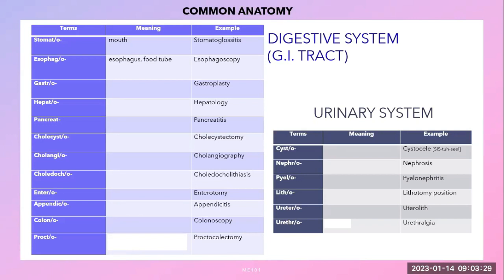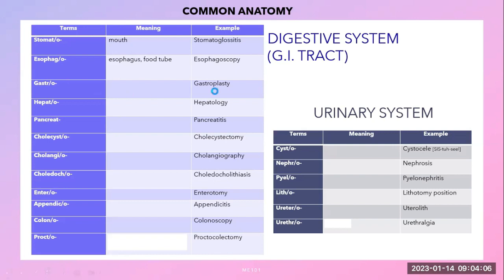So the word scopy means that you put in some imaging, usually a camera. So esophagoscopy means nội soi thực quản. If you don't know any word, just mark it out and write what you understand. It makes it more memorable.